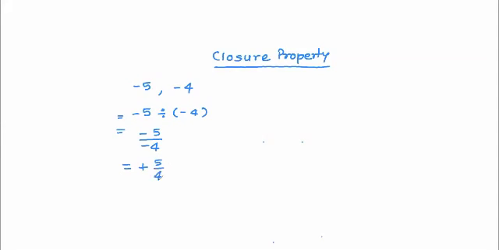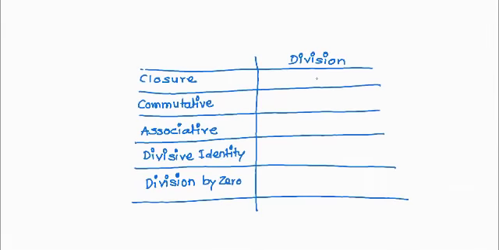Now 5 is not completely divisible by 4, which means the result is going to be a fraction or a decimal number. So we can see that -5 and -4 are two integers, but the result, which is plus 5 by 4, is not an integer. It is a fractional number. So we can very well say that integers are not closed under division.